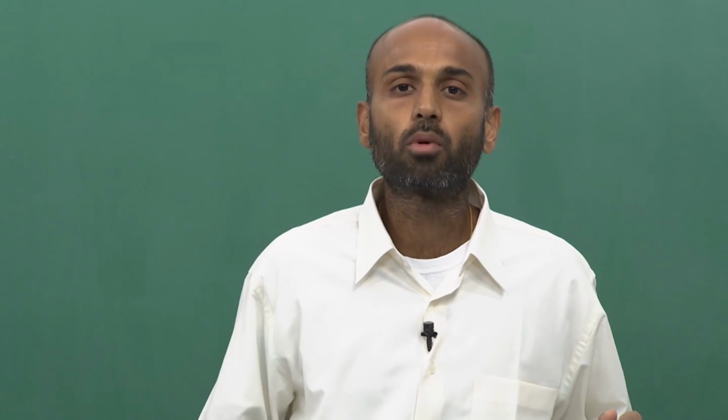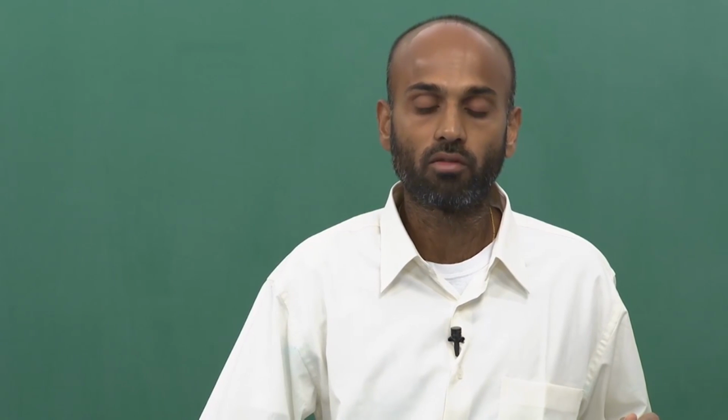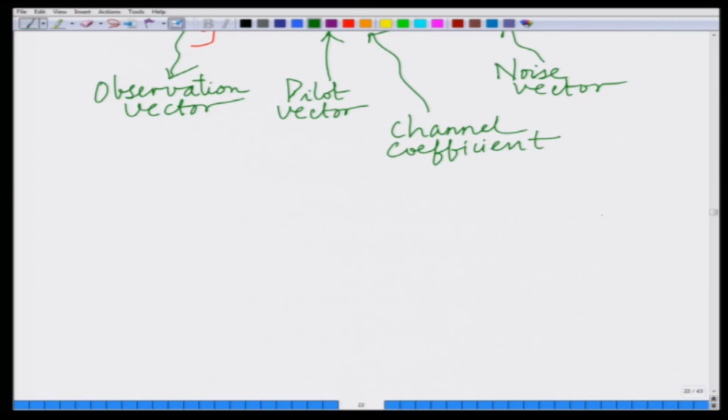Using vector notation, I have represented this in a compact fashion. Now, let us look at the properties of this noise vector v bar. We already said that each noise sample vk is Gaussian.